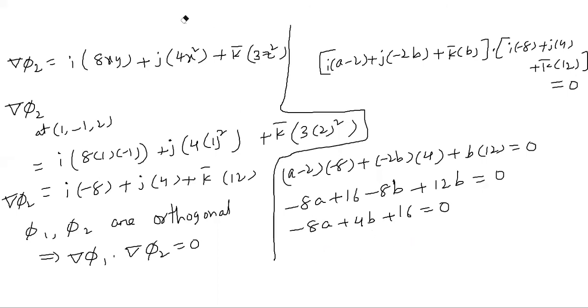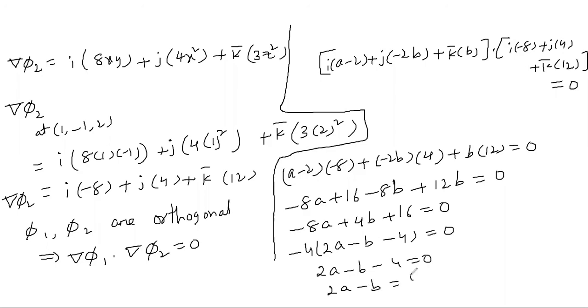Take minus 4 common. 2a minus b minus 4 is equal to 0. Check it, minus 4 into minus 8, minus into minus plus 4b, minus into minus plus 4 into 4, 16. So what is this value? 2a minus b minus 4 equal to 0. That is 2a minus b equal to 4. You got one equation in a and b.